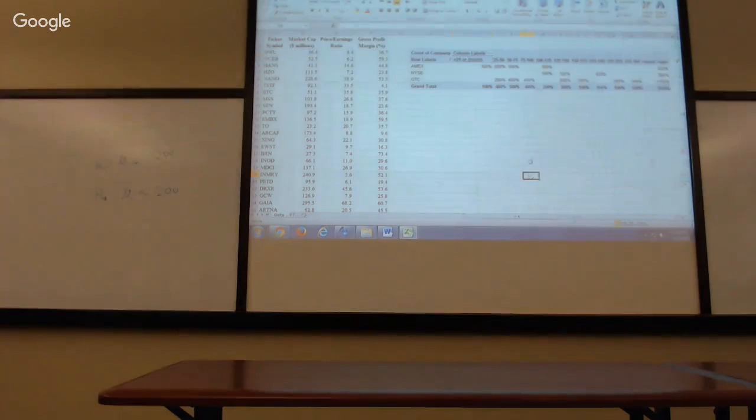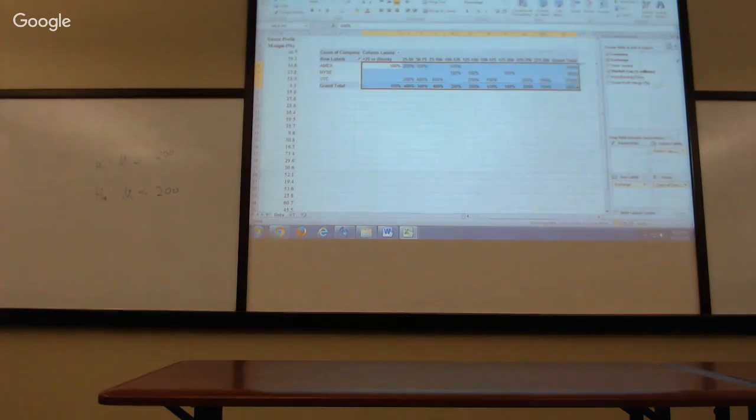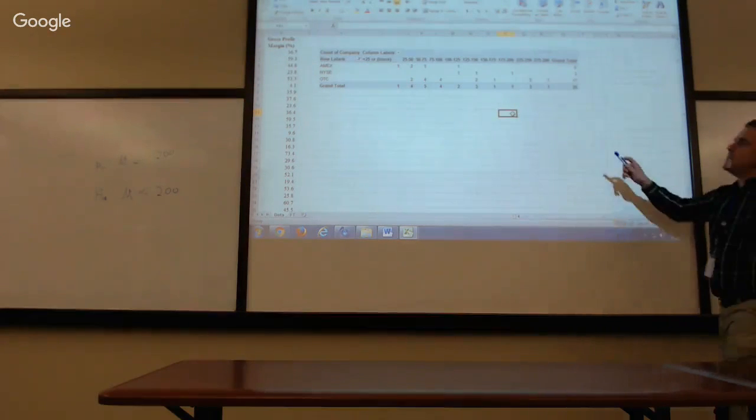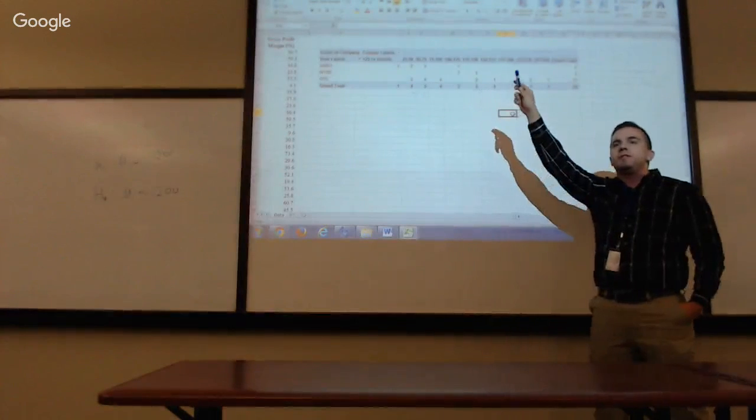Company in here, and then instead of percentage, we're just going to show them as no calculation. So now we have a cross tabulation. Now we're looking by size of market cap, so how much the company is worth.